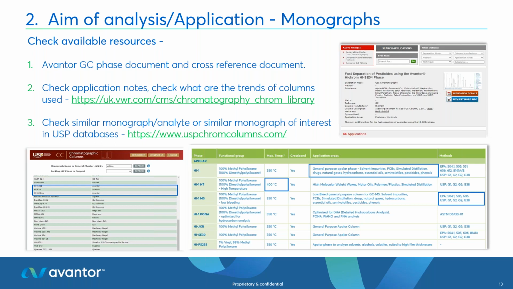We have a GC phase document and a cross-reference document to help with offering columns that may be suitable for your application, or cross-references for columns that you're currently using. We have some application notes, and that resource is building every month. We're adding more and more technical notes and application notes for GC. And if you're having a look at the specific USP phase that has to be used for certain methods, you can also check that as well.